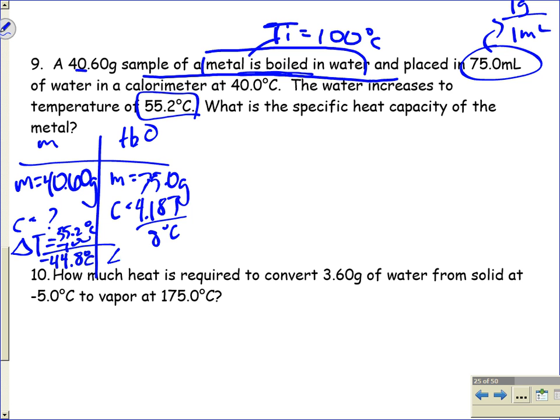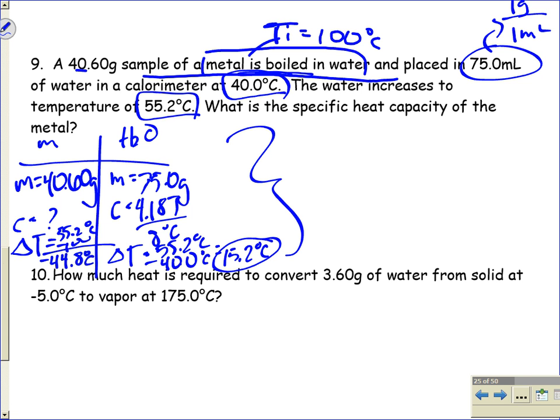What's our delta T for the water that's in the calorimeter? It starts at 40 and ends at 55.2, so we're doing what minus what? Minus 40, so what is that delta T? 15.2 degrees Celsius.